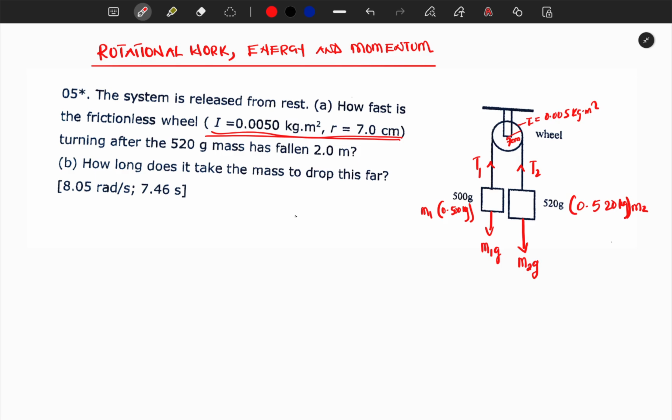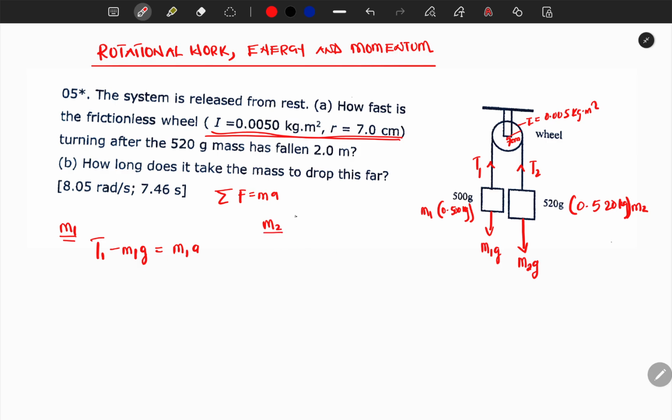If I get mass 1 itself, the forces acting on it, because this side is going down and this side is going up, we have the tension pulling the weight upwards. So the tension is bigger than the force of gravity. This is equal to mass and acceleration. You do remember this formula? Summation of forces is equal to mass times acceleration.